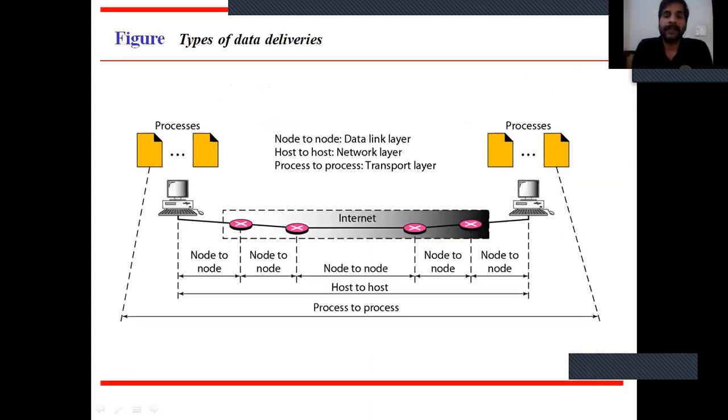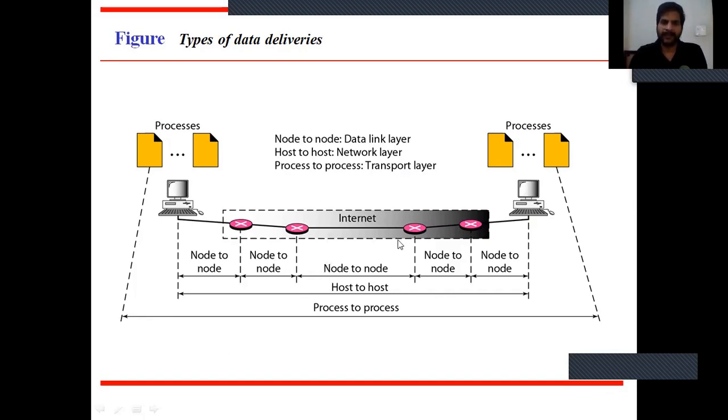Now here we explain how data is delivered. Node to node delivery is the data link layer. Host to host delivery is the network layer, and process to process delivery is the transport layer. So process to process delivery is the concept of the transport layer.